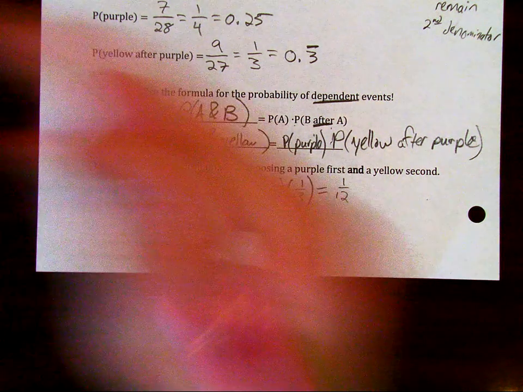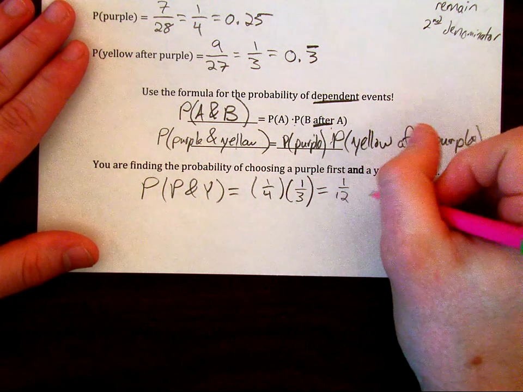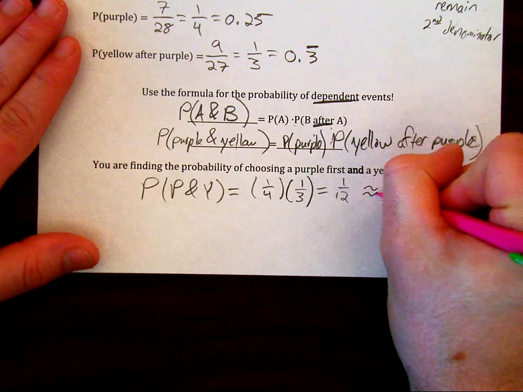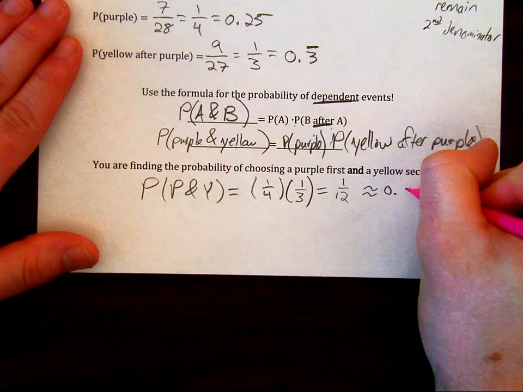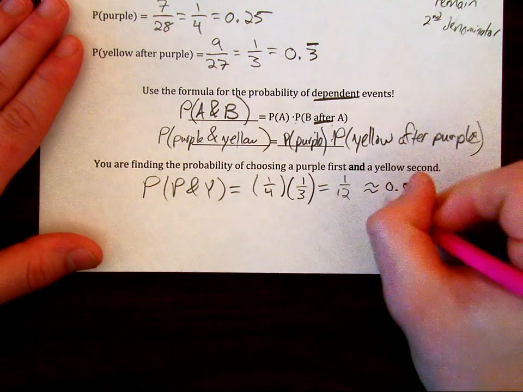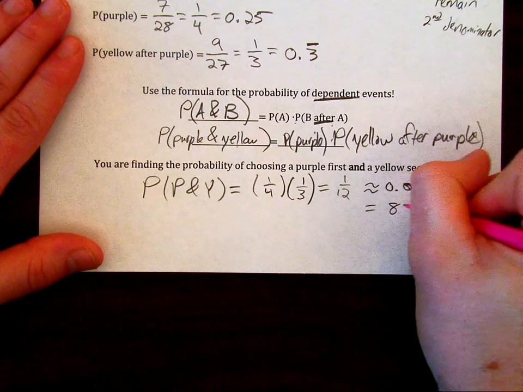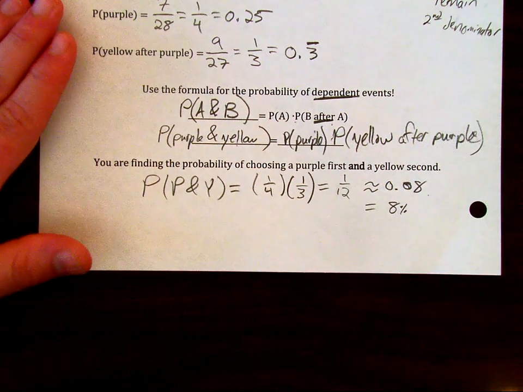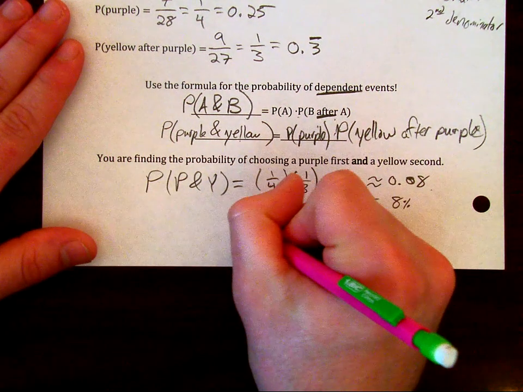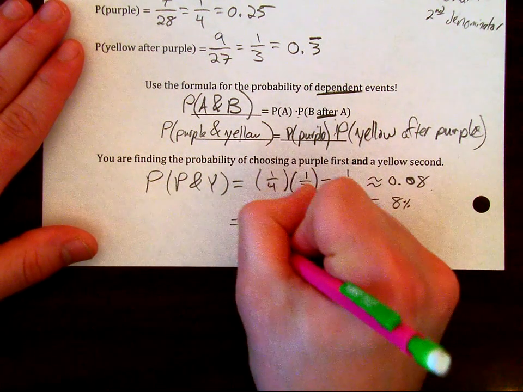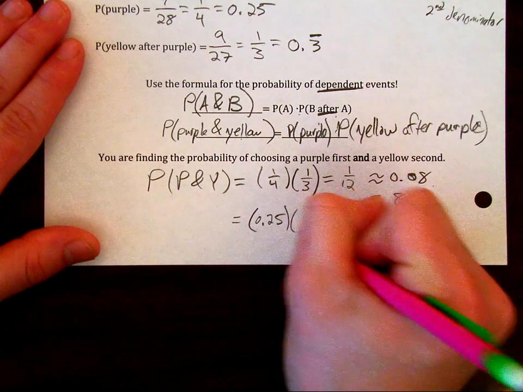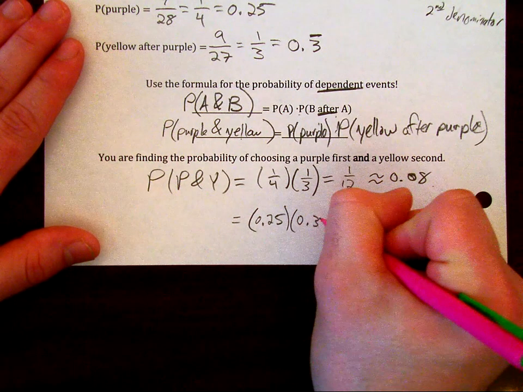So that's going to be about 0.08, which is about 8%. Again, if you'd like, you can also multiply those decimals together. Again, we said 0.25 and 0.3 repeating. Again, that would give you that same amount.